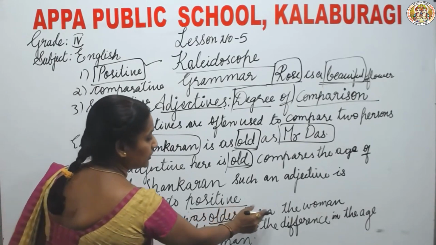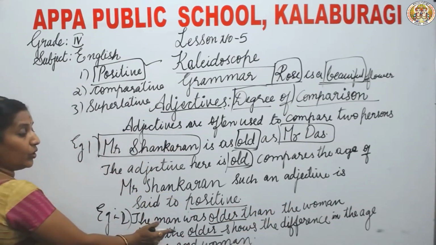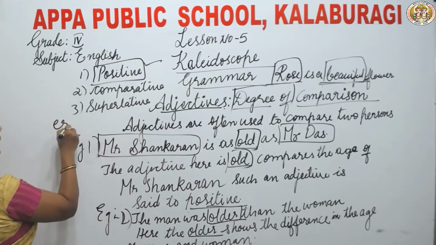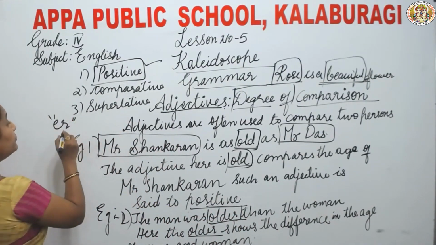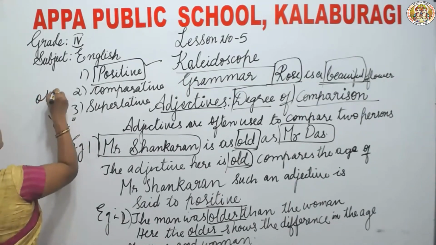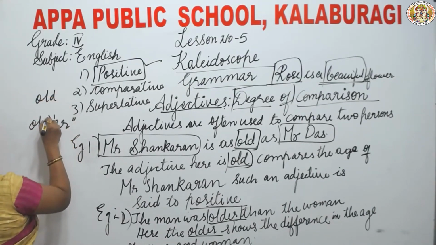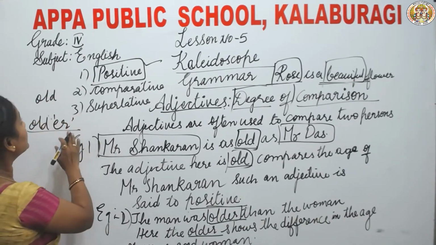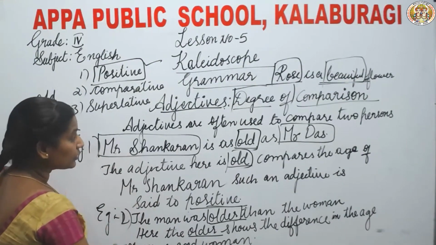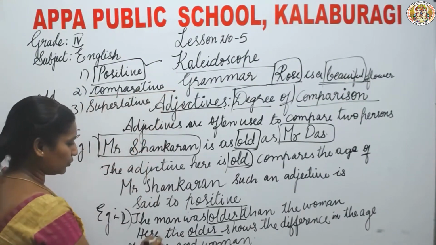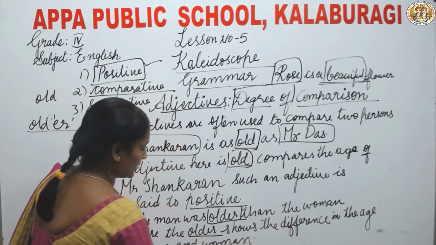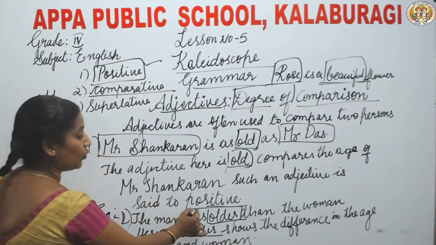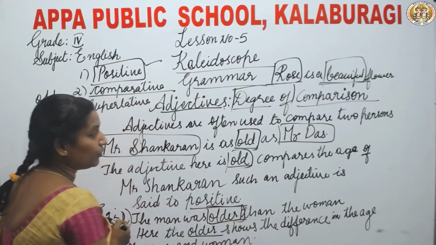Here older is formed just by adding er; old becomes older. Only by adding er, the sentence changes into the comparative form. Older shows the difference in the age of the man and the woman. So here older is the comparative form.